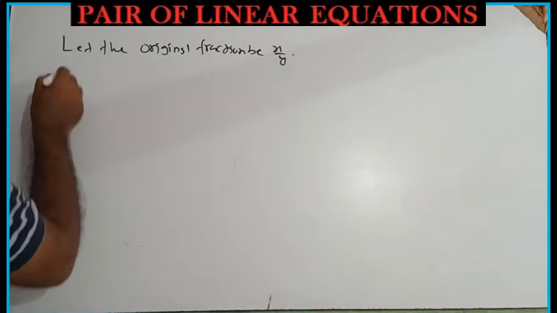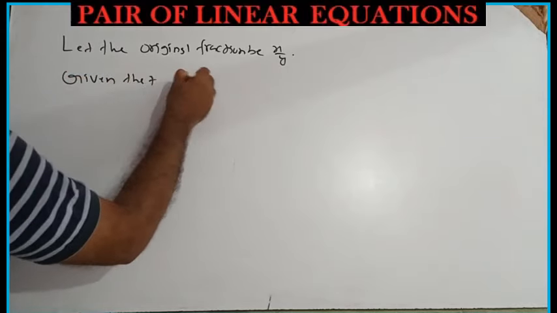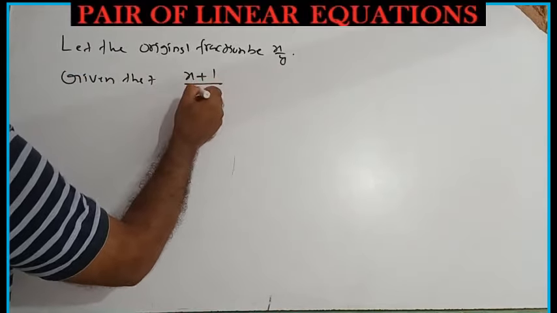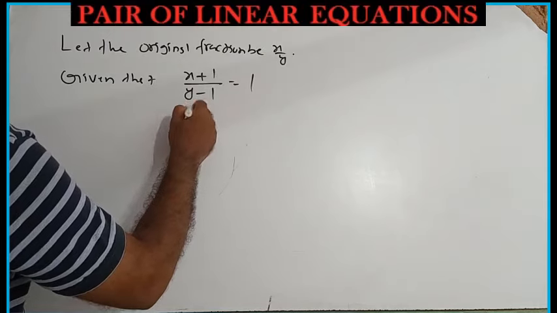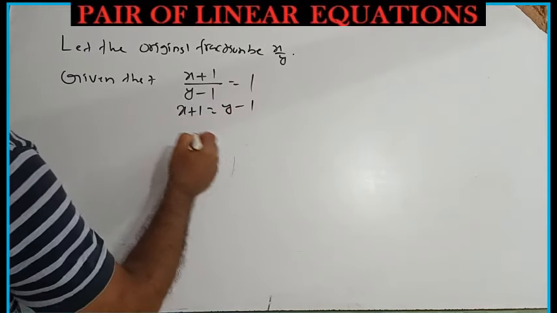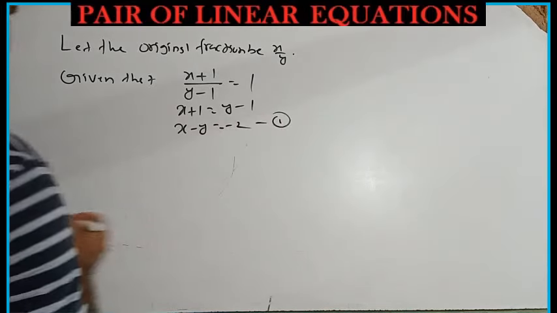According to the problem, the numerator is added by 1 and the denominator is subtracted by 1, the fraction reduces to 1. Means the fraction equals 1, means x plus 1 equals y minus 1, or x minus y equals minus 2. This is the first relation.